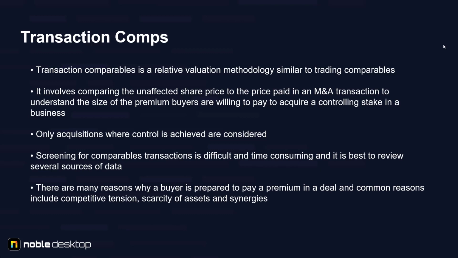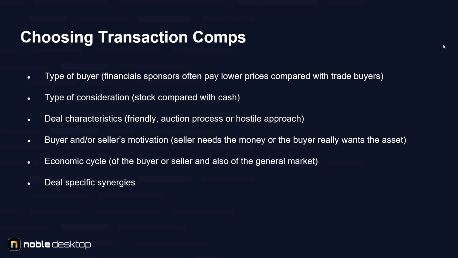Similarly to trading comps, to narrow down the search, focus on businesses with similar operating and financial characteristics to the business being valued. Other qualitative aspects are also important, and knowing the deal story is critical to understand the value implications of prior transactions. Other considerations include type of buyer.